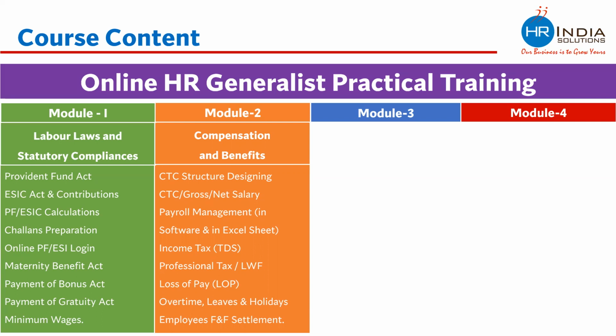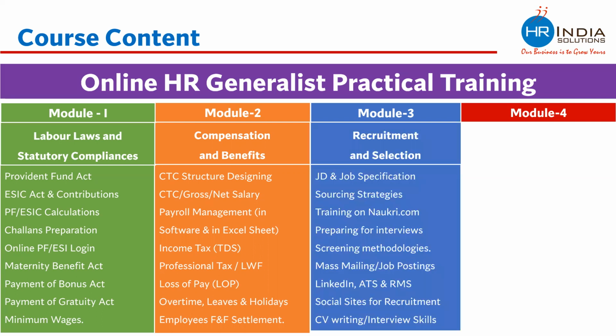The third module under this online HR Generalist Practical Training program is recruitment and selection, which is all about talent acquisition. We understand things like what a job description is, what a job specification is, and what the various sourcing strategies are that corporates are adopting nowadays. We train people on Naukri.com, and one becomes capable of finding suitable candidates on the basis of various JDs. We also train people on the best way of doing mass mailing and job posting.